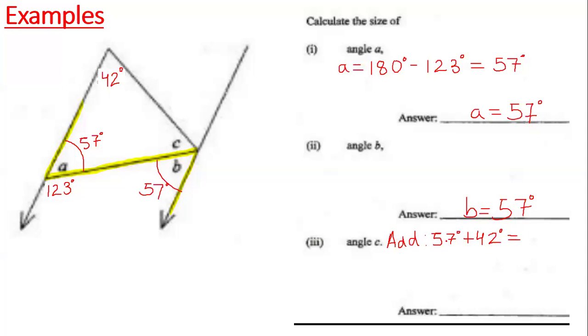Okay, so we have 57 plus 42, and that's 99 degrees. And so we have to subtract: 180 take away 99. Very good.